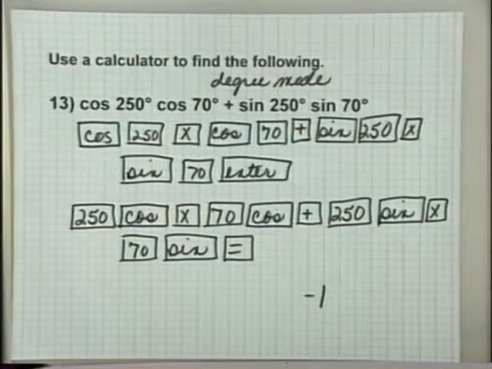All right, I always like to check the keys that I've written down. I like to be sure I didn't leave anything out. But with either calculator, you should have gotten -1.